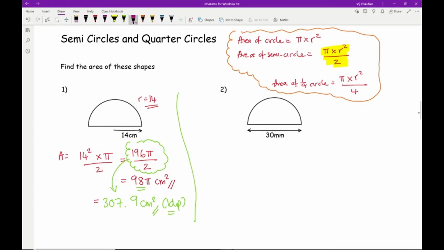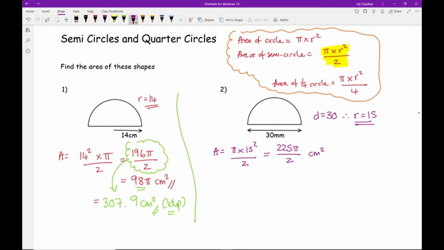So moving on to question 2, again, here we've been given the diameter, which is 30, so therefore the radius is going to be 15, because again we always need the radius. So the area is going to be equal to, and again using the highlighted formula, pi times 15 squared, all divided by 2. And 15 squared is 225 pi divided by 2 centimetre squared.